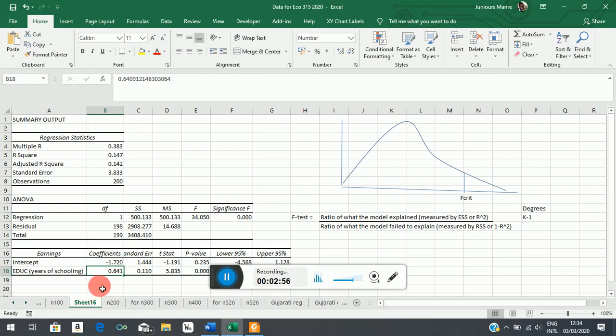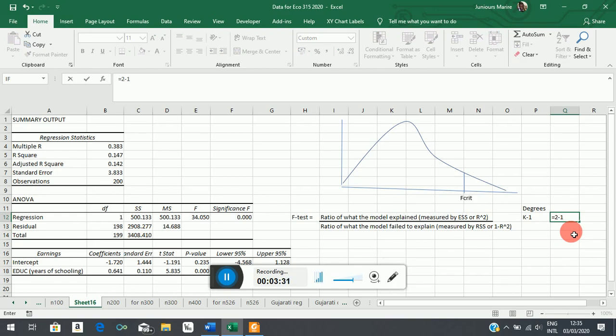Now, in terms of making an explanation of the variation of earnings, the intercept does not contribute to the explanation. The explanation is being done by education. So the degrees of freedom are the two estimated coefficients less the constant. We take it out, so that's equal to 2 minus 1, and the answer I get is 1.